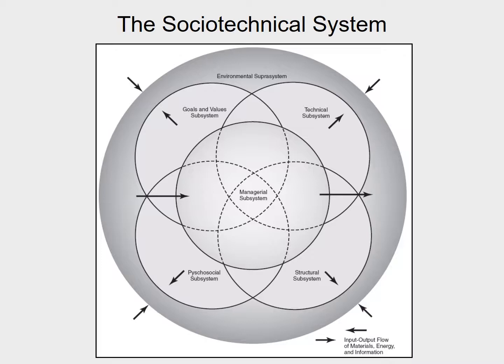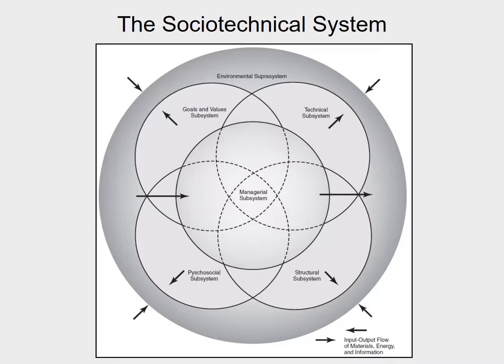It's going to hopefully have input in both understanding and actually helping to change the psychosocial culture of the employees. Management has the goal of communicating the goals and values and of incorporating those in the day-to-day activities. And finally, it's going to be monitoring how the actual technical subsystems all work. So this creates a model of let's try to identify where the problem is. Is the problem in management? And notice that management is central in this model.